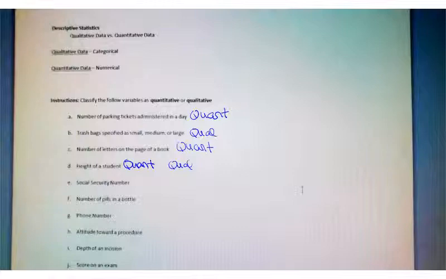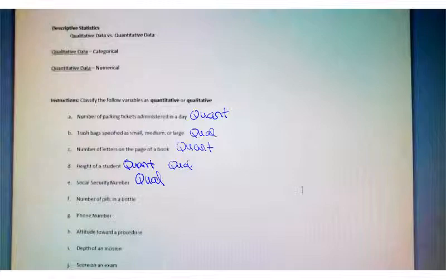This is another interesting one. Many people see Social Security number and automatically think quantitative because it's numerical in nature. Thing is, it's actually qualitative, and here's why. Think about the purpose of a Social Security number. It is simply to distinguish one individual person from another. In other words, it's used for identification.